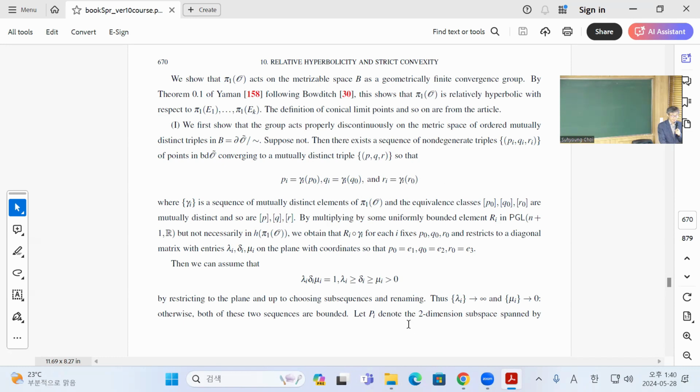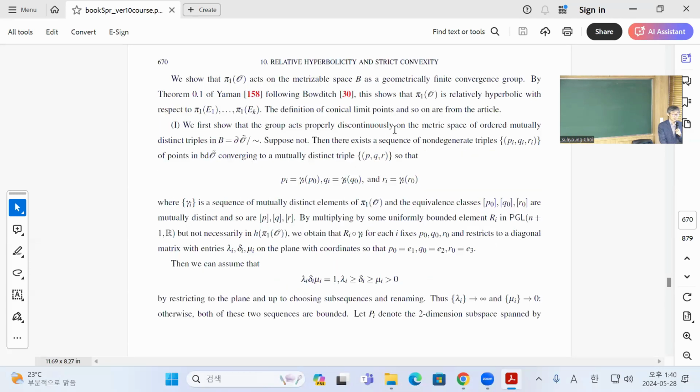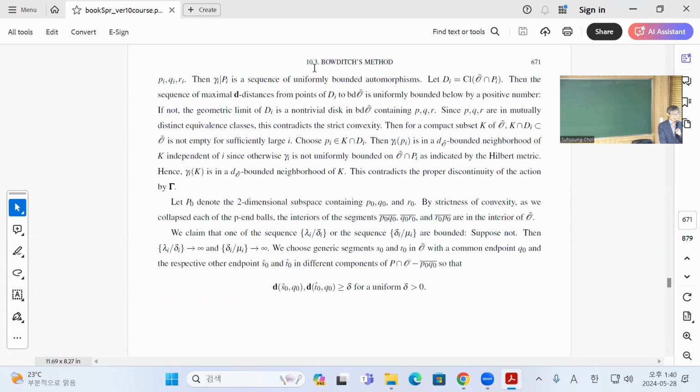Okay, so right. So if these both are bounded, then the pi will be uniformly bounded, and so again I show that this contradicts the strict convexity.